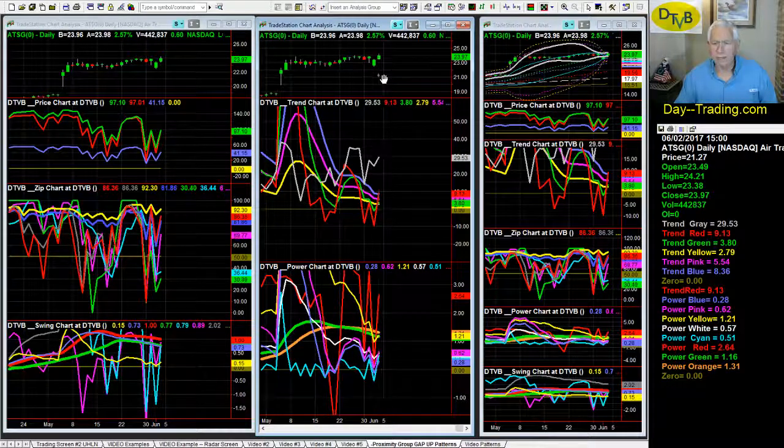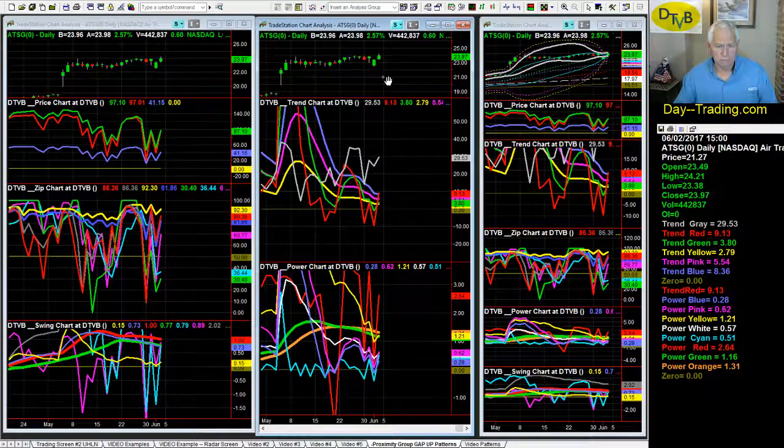And today is, as you can see over here on the chart, June 2nd, 2017, and we're in the symbol ATSG. One of the key things that we have is divergence, and I'll share that with you up front.